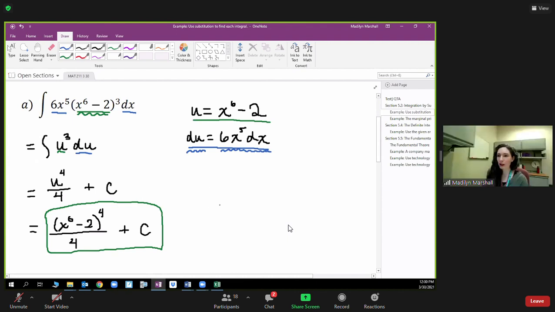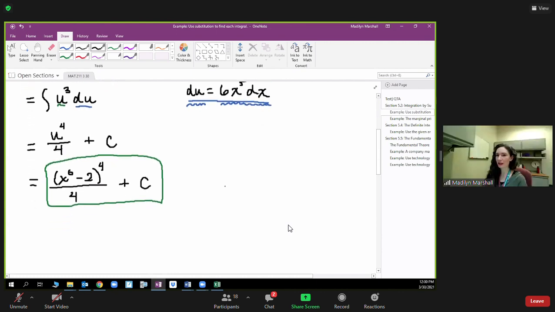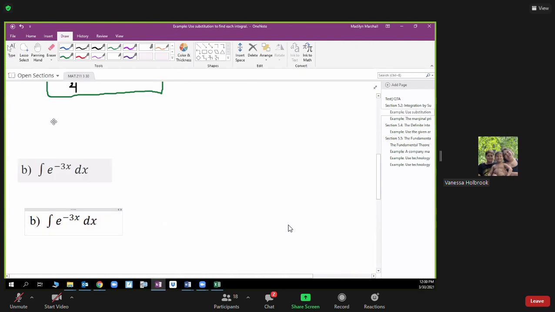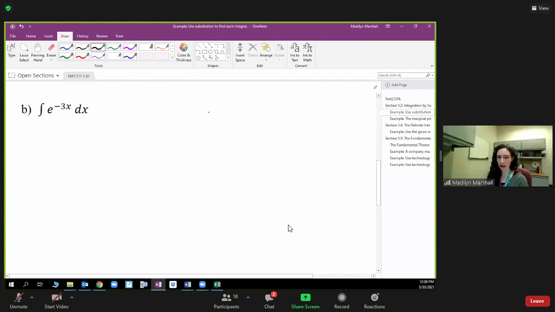So far, all of our u substitution problems have been in this format where we have a power rule situation, but we have those exponential and logarithmic rules as well. So here is our next example.